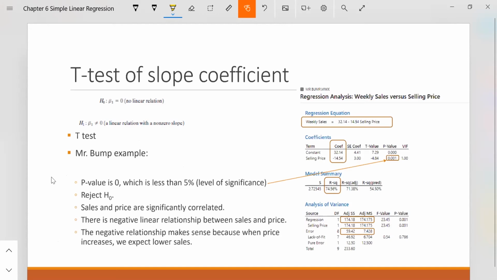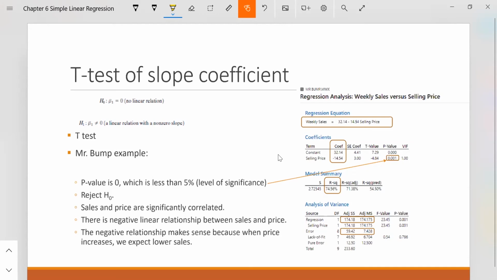And basically, with this test, what we're asking is, although you see a slope coefficient estimated in the regression line, does it indeed mean that X and Y are significantly correlated in the whole population? Because after all, the slope coefficient we've got is derived from that particular data set.